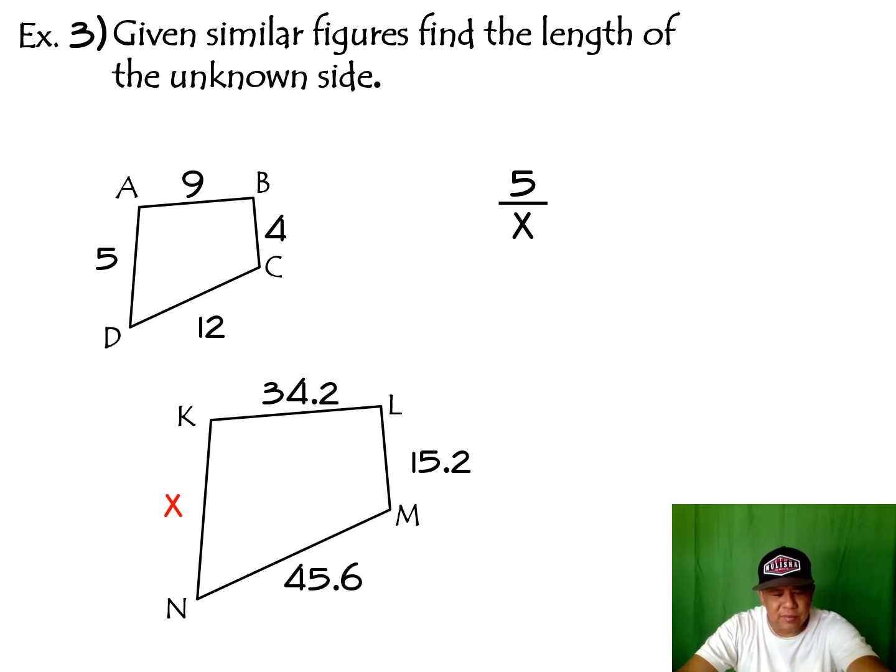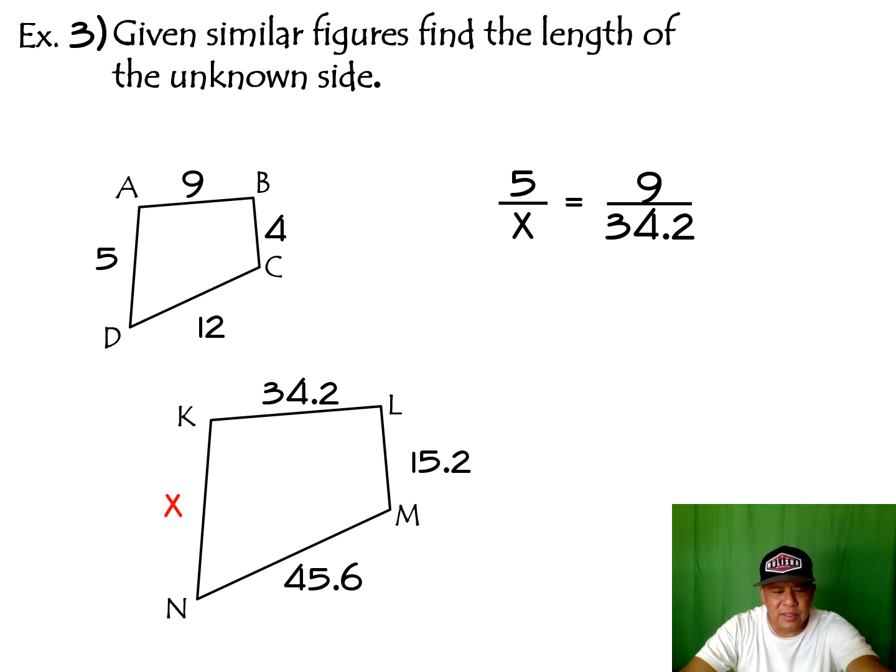So if I go 5 is to X, I can say 5 is to X as 9 is to 34.2, or 12 is to 45.6, or 4 is to 15.2. But I'm going to choose 9 is to 34.2.